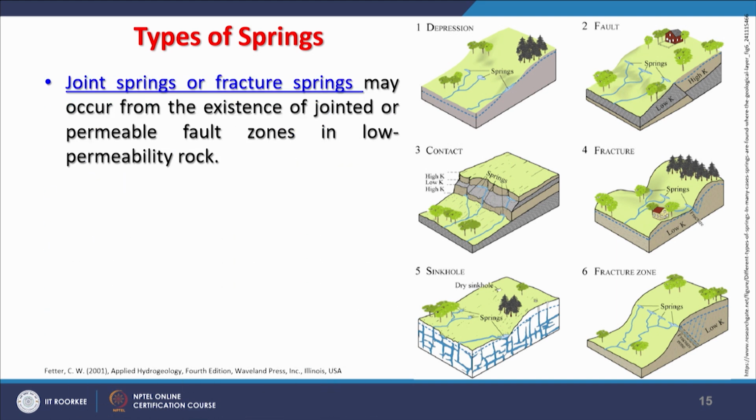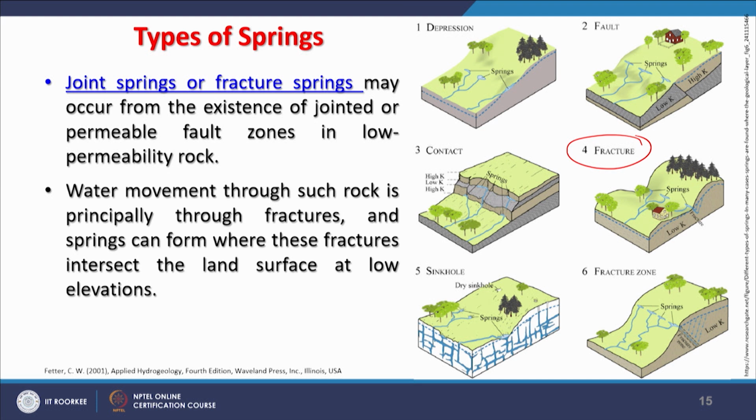Now, one more type of spring, that is the fourth type of spring, is the fracture spring or joint spring, which may be caused because of the existence of jointed or permeable fault zones in low permeability rocks. Again a very common setup in Himalayan conditions, where most of the rocks will have either fractures or joints, and therefore you may find springs are created because of this arrangement.